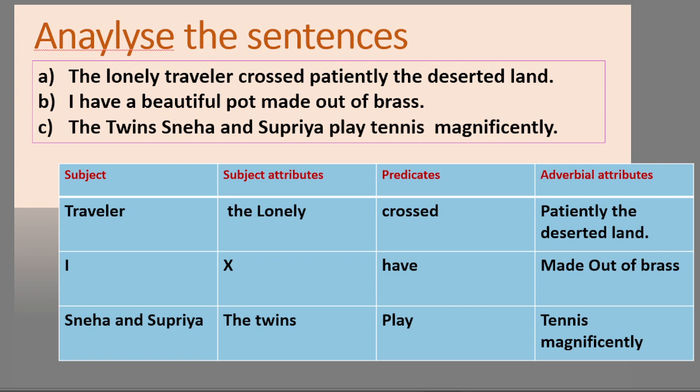Similarly, just as an adverb qualifies any verb, in a sentence a predicate, or the single word predicate, or rather say verb, is qualified by an adverb or adverbial phrases, which may have a preposition.